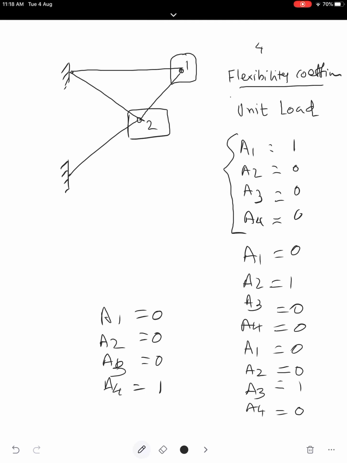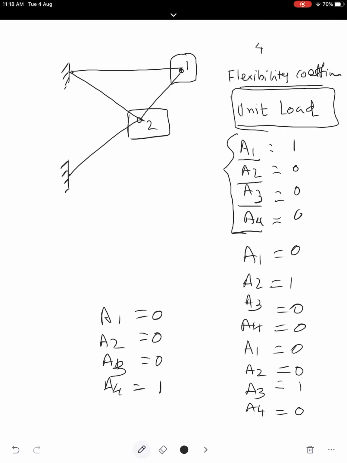So when loading is given acting at the joints, because we are going to calculate the corresponding displacement or corresponding flexibility coefficients according to these loads. Even if those are not given, we can imagine the flexibility coefficient by applying unit load.